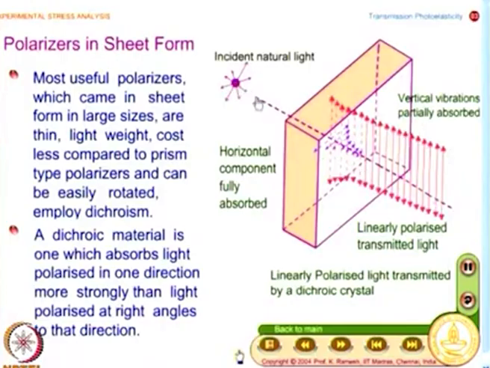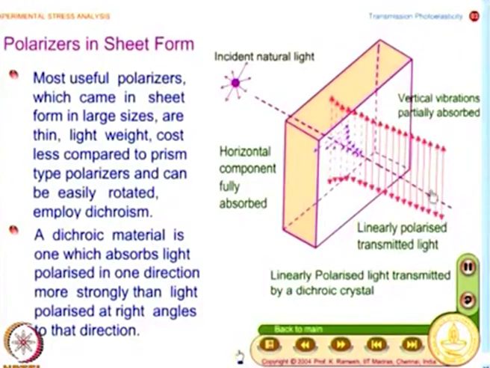Whether I incident a natural light or a polarized beam of light, within the crystal you will have only polarized beam of light. And what you find in a dichroic material is one of the vibrations is completely absorbed within the thickness. So, it allows only one light to pass through.